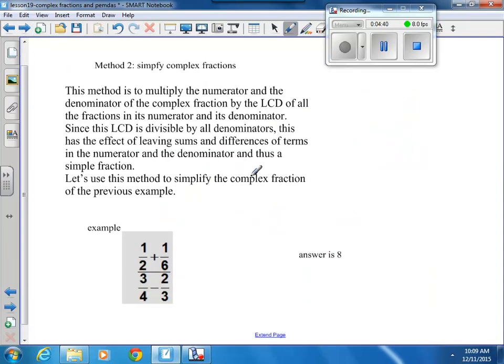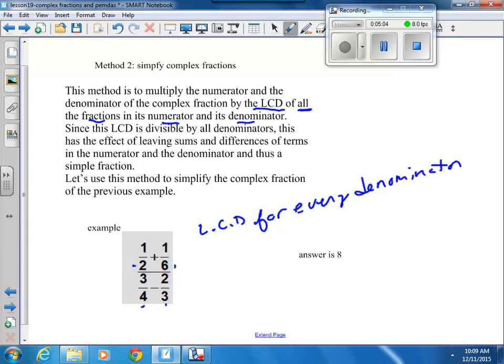So, simplify a complex fraction. Find the LCD of all the fractions in the entire problem, in the numerator and the denominator. So look at 2, 6, 4, and 3. The LCD for every denominator in the entire problem is clearly 12.